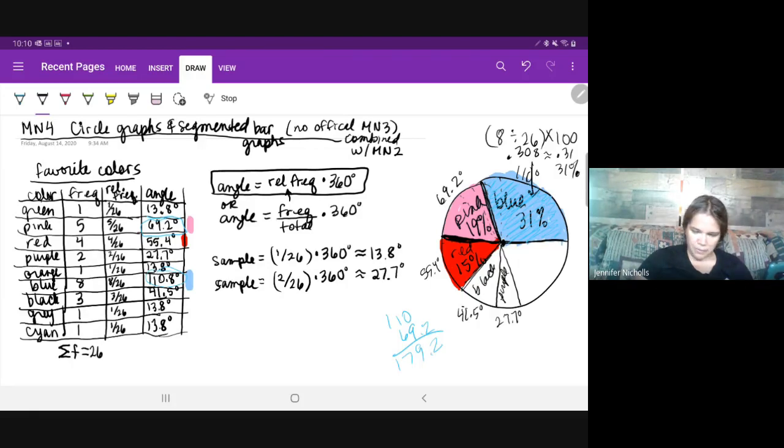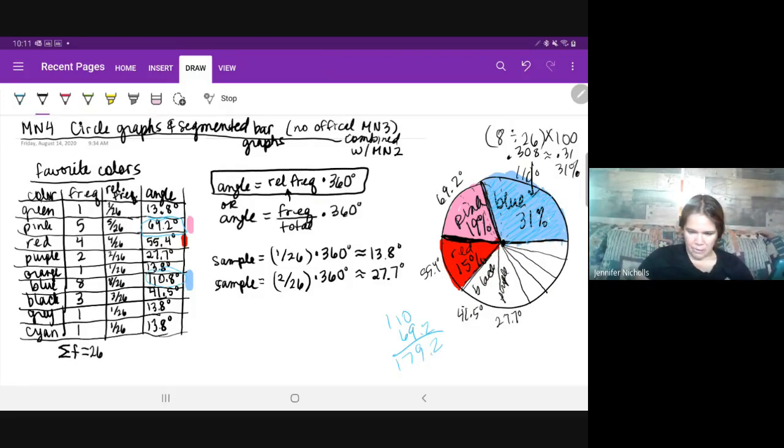Aren't there 4 13.5s? Okay. You guys, I think my purple might be too small. I want my purple to be bigger than those 13.5s. So maybe make my purple a little bigger. Then I'll do those. You don't want to mislead people with your data. Yeah, I think that looks good. Now I think black should be bigger than purple though. Maybe I should make black a little bigger.